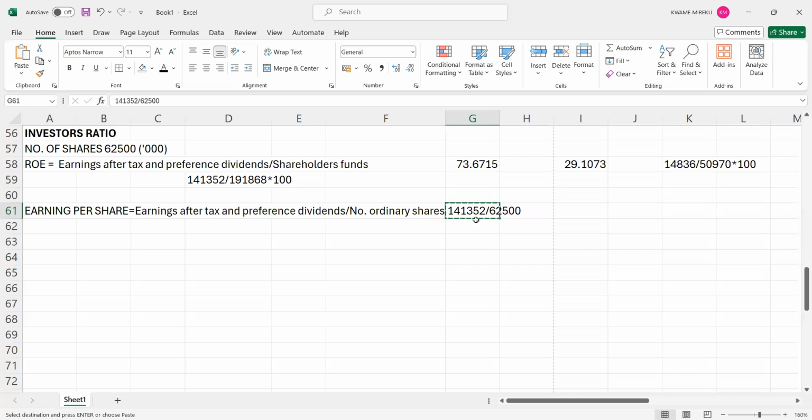So how much are you getting per share? That means if we share all the earnings without retaining some, in 2023, you get 2.26 cedis per share. Let's check 2022.